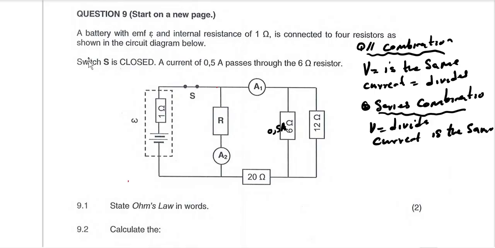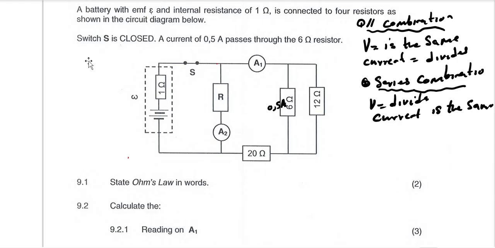Do you get me? So they say calculate the reading of A1. Our A1 is this ammeter here. Since we know that current moves from the positive terminal to the negative terminal, and our positive terminal is the long terminal, the current moves from this point, passes through the internal resistor of 1 ohm, and comes here.